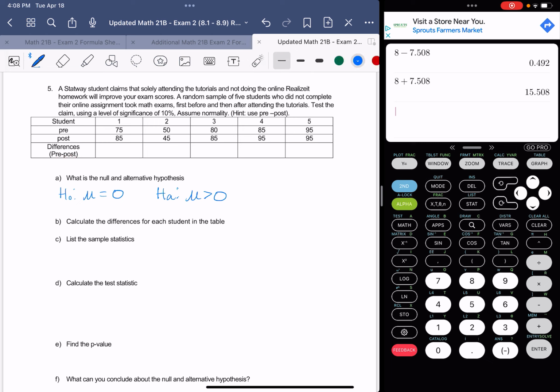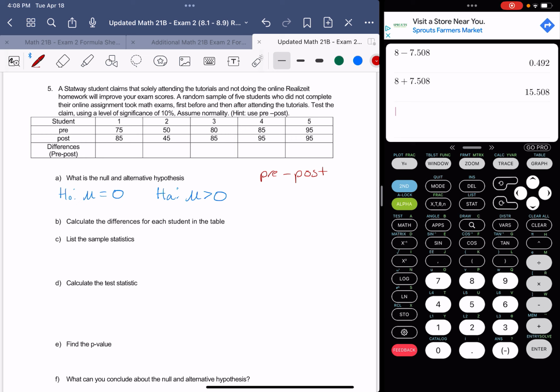This part I'm going to do over here, you don't need to write. I'm just writing this as extra in case it's a helpful visual for anyone, in case you're struggling recognizing what to set mu equal to, and then for the null and alternative, then just write it out. Okay, doing pre minus post.